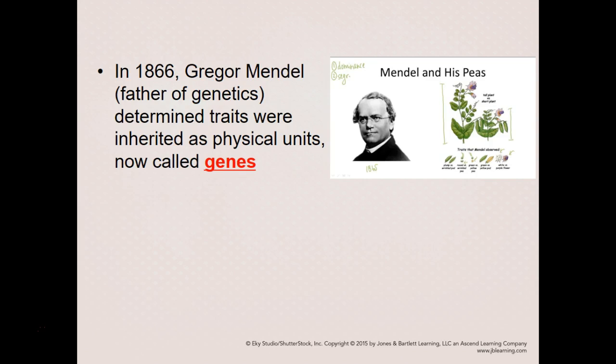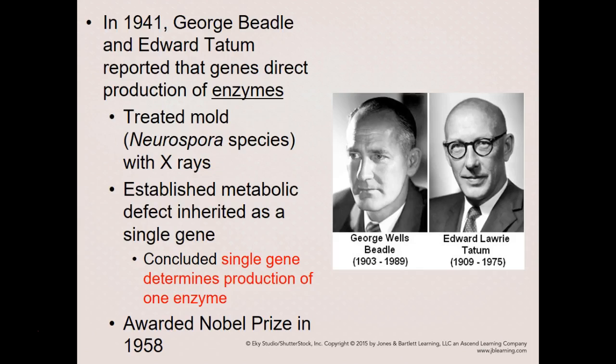He used pea plants, and he would take pea plants with different characteristics and cross them. And he would get unique characteristics or characteristics of either the mom or the dad plant. And so this is how he came up with the idea that these traits or these characteristics, which we now know are genes, are passed on from parent to offspring.